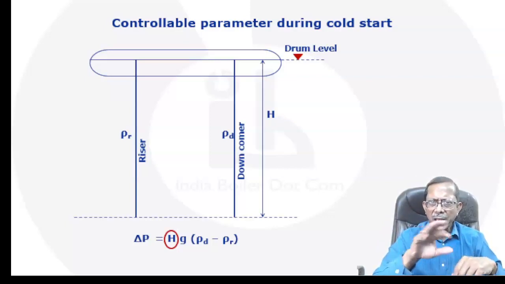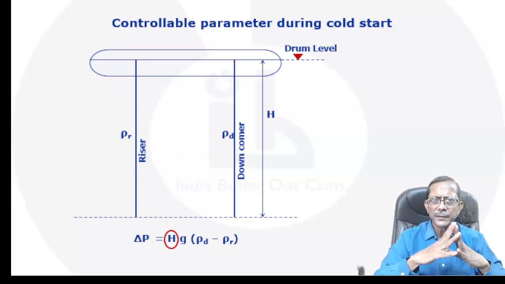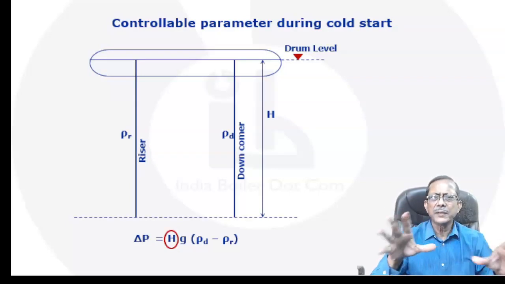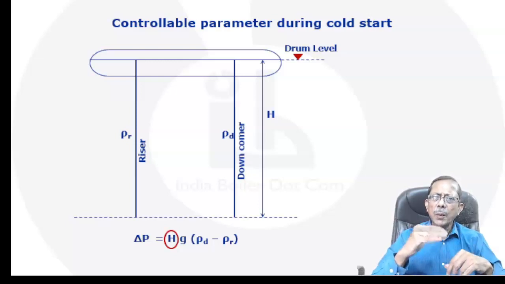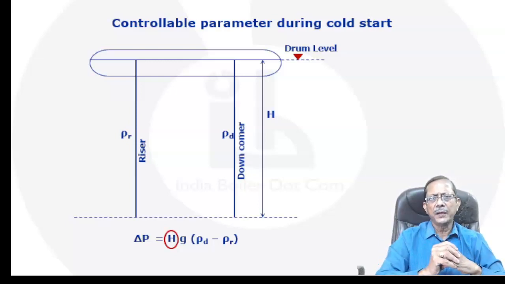You know that a high drum level trip is also there, right? In every power boiler, there is a high boiler water, drum level trip. Now the answer is, in a power boiler, you cannot go above the high drum level.